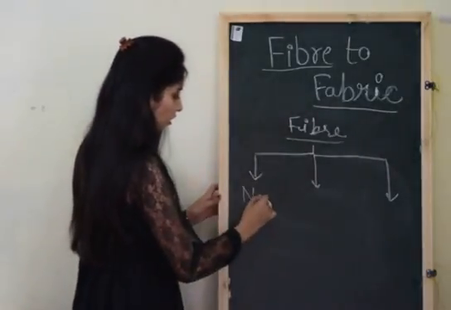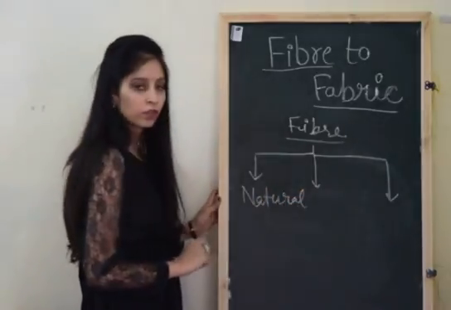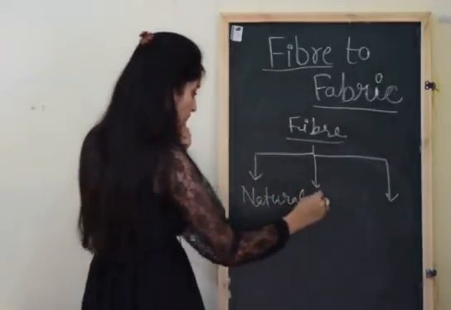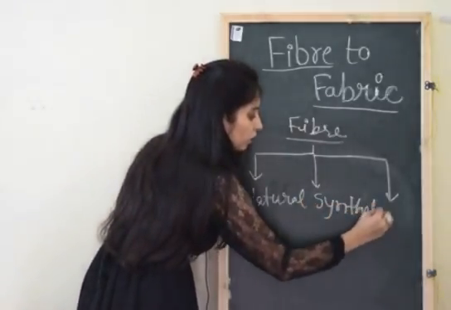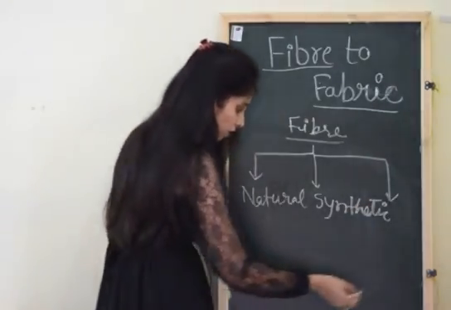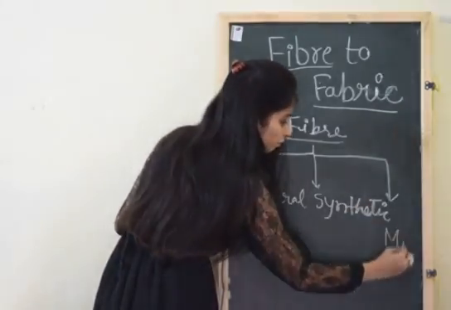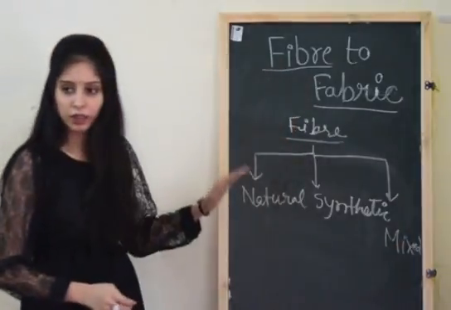First is called natural fibers. Second is called synthetic fibers. And third is called mixed fibers. So there are three kinds of fibers.